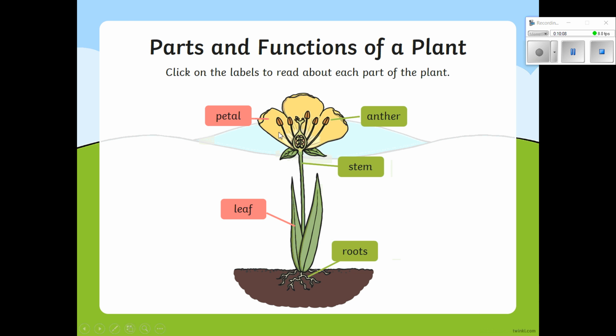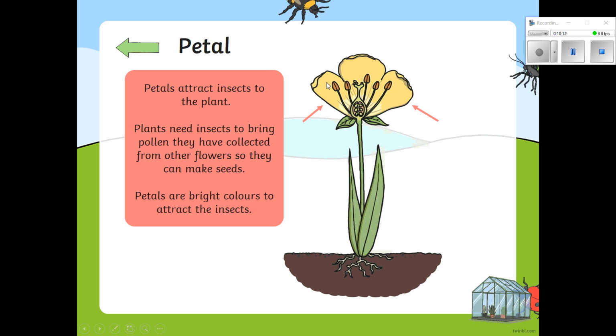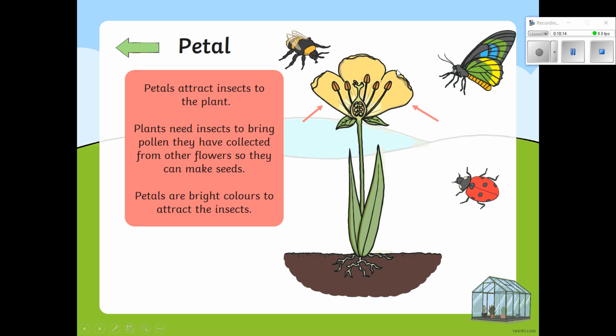And last of all, let's learn about the petal. So the petal, this yellow bit here, the bit that we often say is pretty, the petal attracts the animals because the animals think, oh, that looks a lovely flower, but that's got lots of pollen in, and they go to the petal. The plants need insects to bring pollen that they've collected from other plants so that they can make seeds.